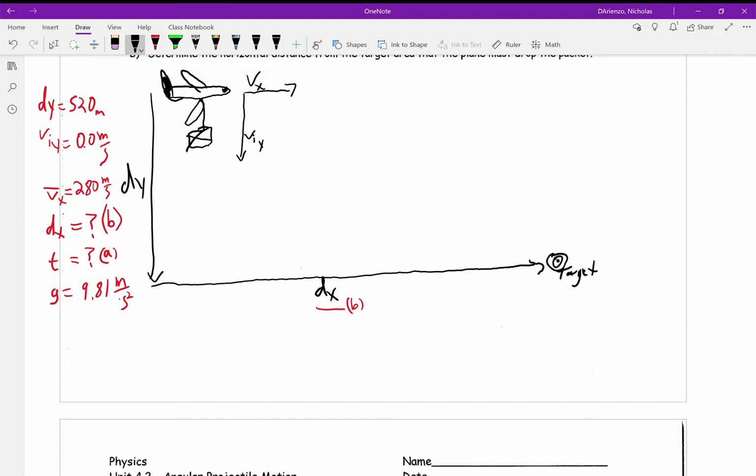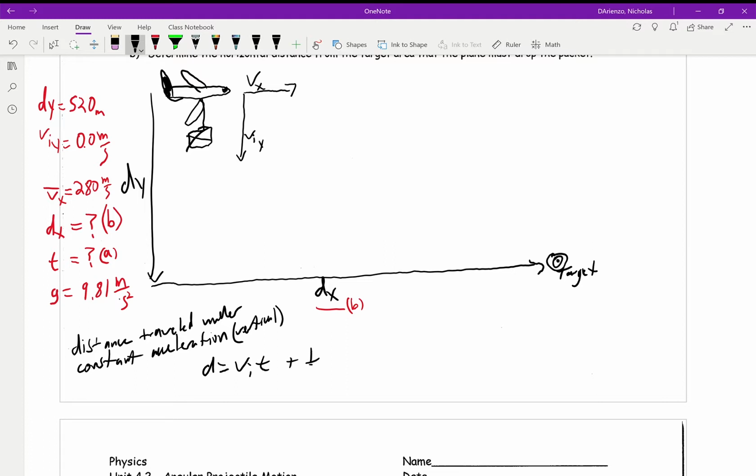So we're going to use our equation for distance traveled under constant acceleration, and this is going to be in the vertical direction. The equation that we use for that is d equals v_i t plus 1/2 a t squared.